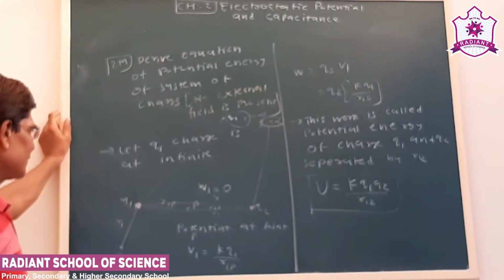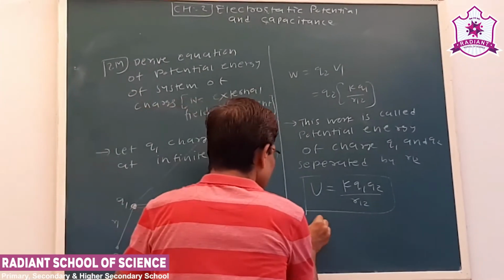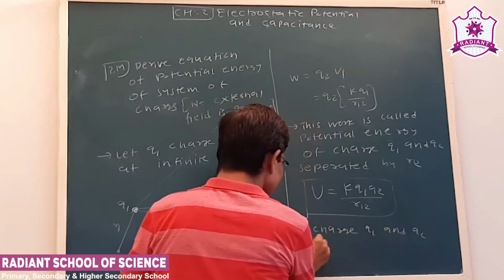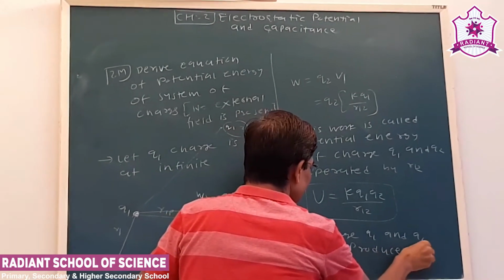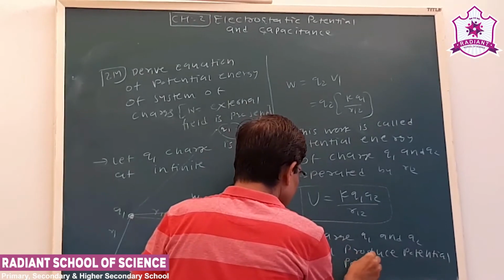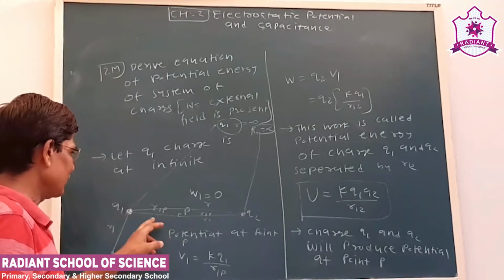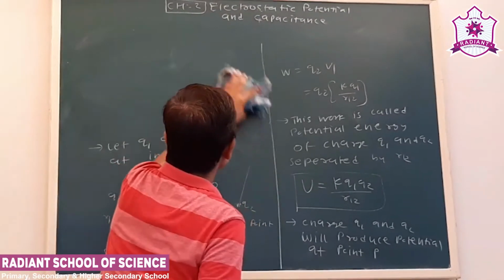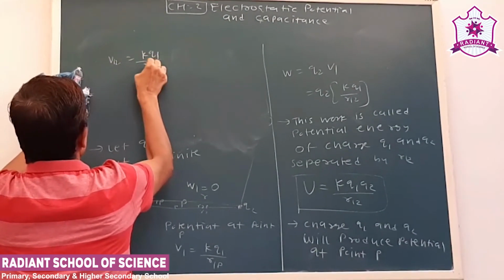So these charges Q1 and Q2 will produce potential at point P. Their respective distances are r1P and r2P. So the potential V12 is KQ1 upon r1P plus KQ2 upon r2P.